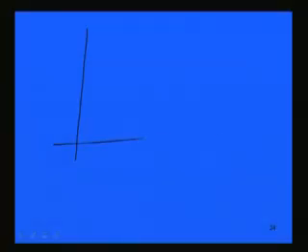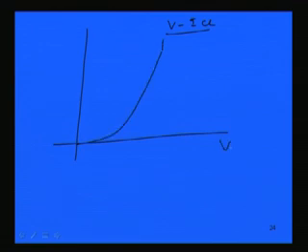So, let us find out the diode resistance. We have the VI characteristic of this diode as this type of characteristic curve, where it is the voltage across the diode and current through the diode.